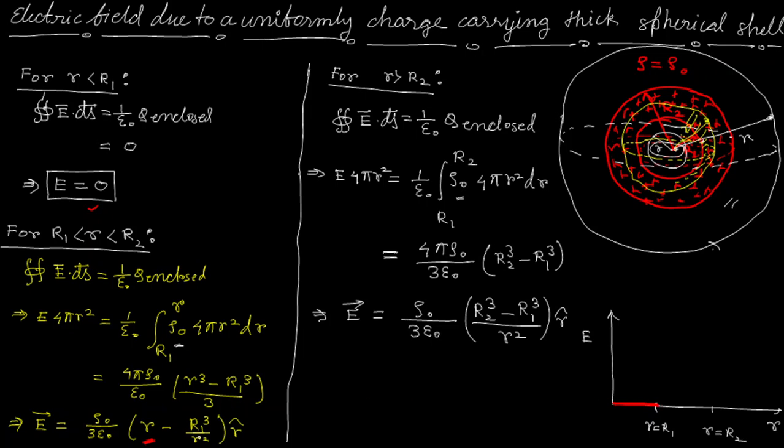Then as we increase the value of r, the other term will also try to dominate. Initially it will increase as a straight line, and as we increase r, this term will decrease because it is 1 by r square and has a negative sign. So effectively the electric field will increase, but more rapidly. Initially it will be a straight line, and then later it will curve more like this.